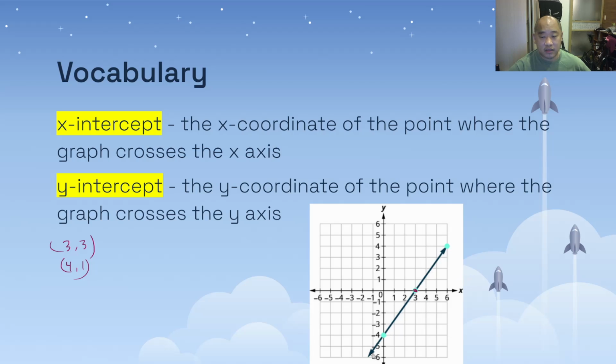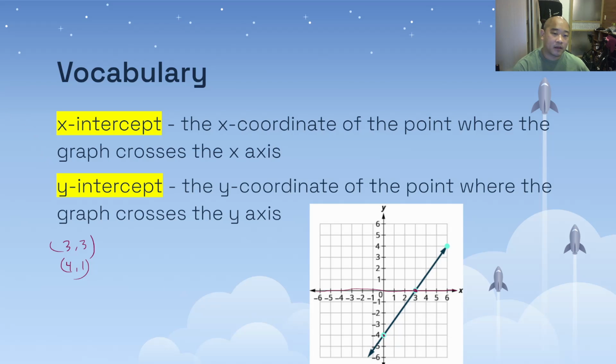So if it's anything other than the horizontal line, it's going to intersect with the x-axis and it will have an x-intercept. Same thing for the y-intercept. Anything except for a vertical line is going to intersect with the y-axis. Unless, of course, there's one exception to both of those things. If your line is horizontal and it's on the x-axis, then it intersects with every point. And same with the y.